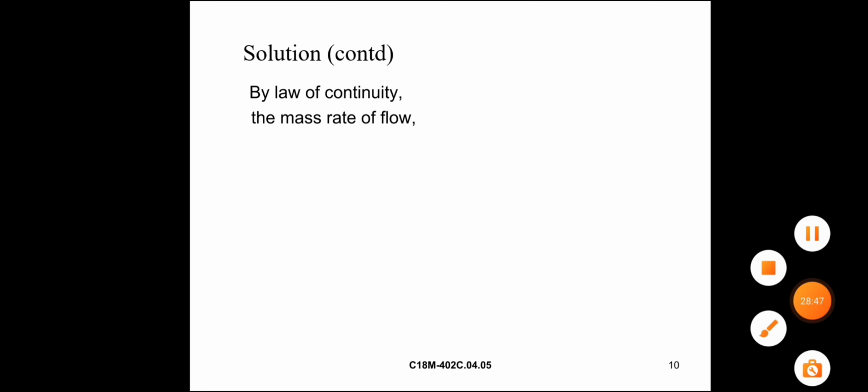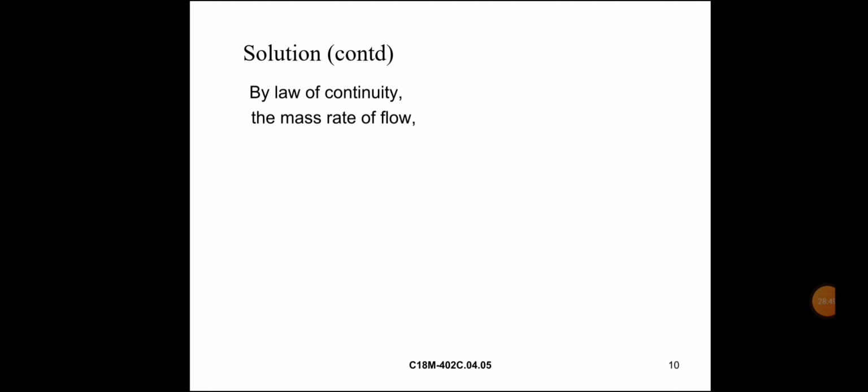Solution. By the law of continuity, the mass rate of flow m is equal to A2V2 by x2 Vs2, which is equal to A3V3 by x3 Vs3.